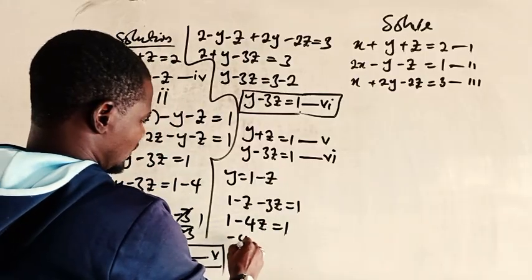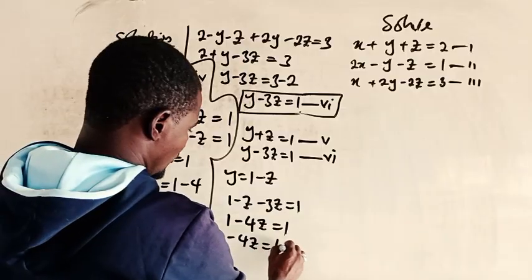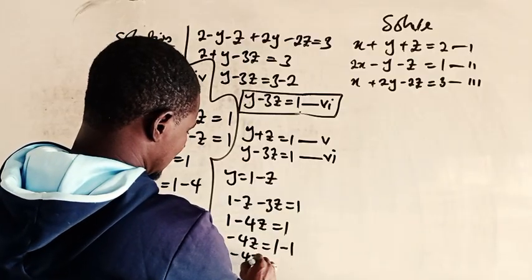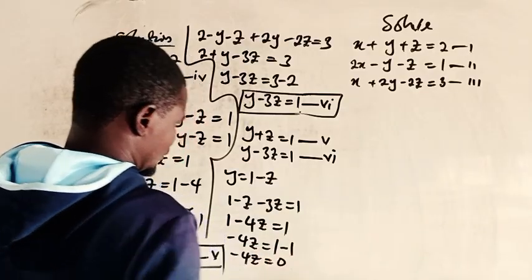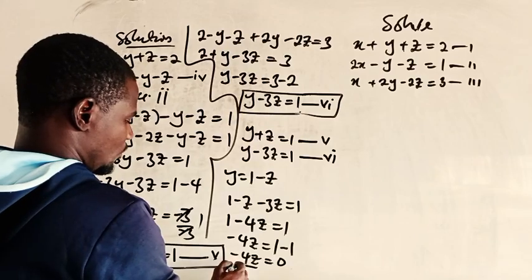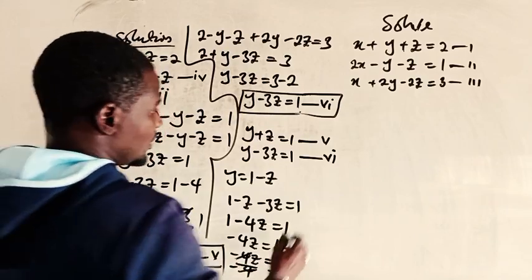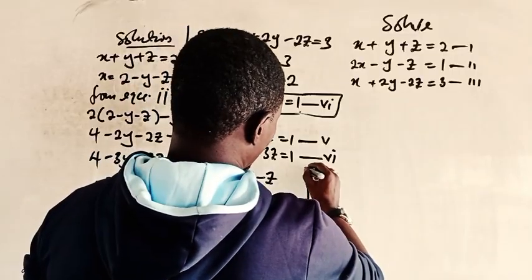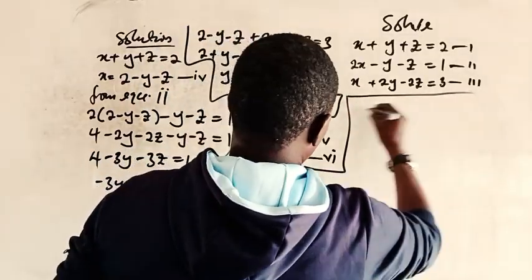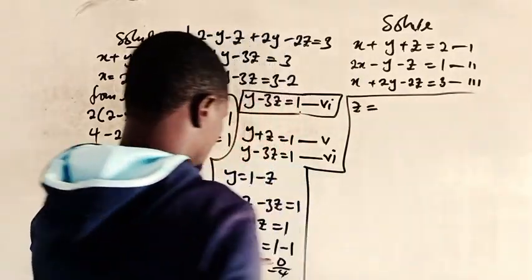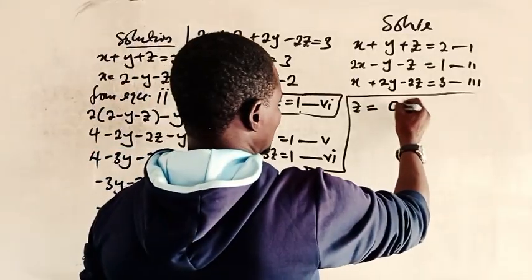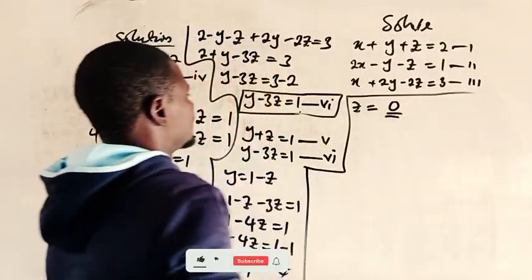Now we have minus 4z equals to 1 minus 1, minus 4z equals to 0. So we divide both sides by minus 4, then automatically we have z to be equals to 0 divided by minus 4 is just 0. That is the value of the z.